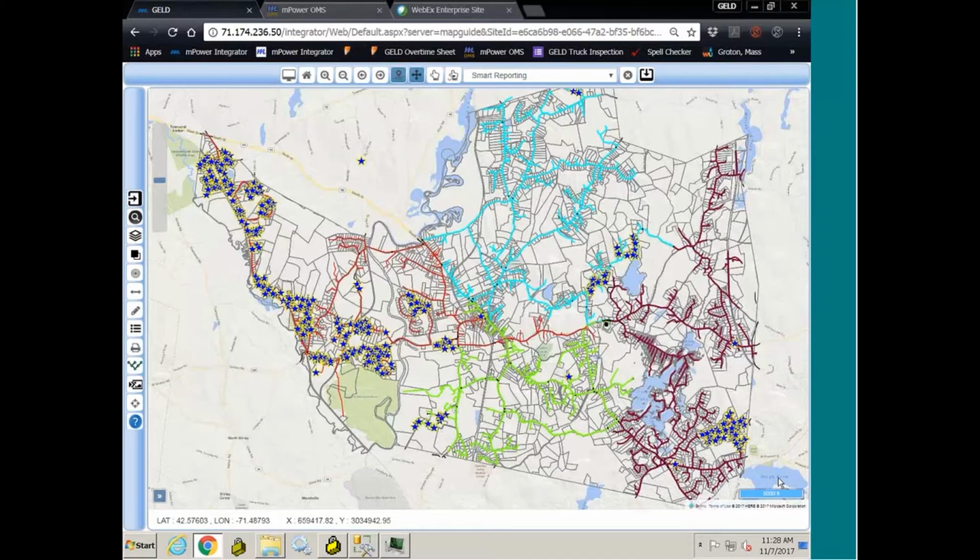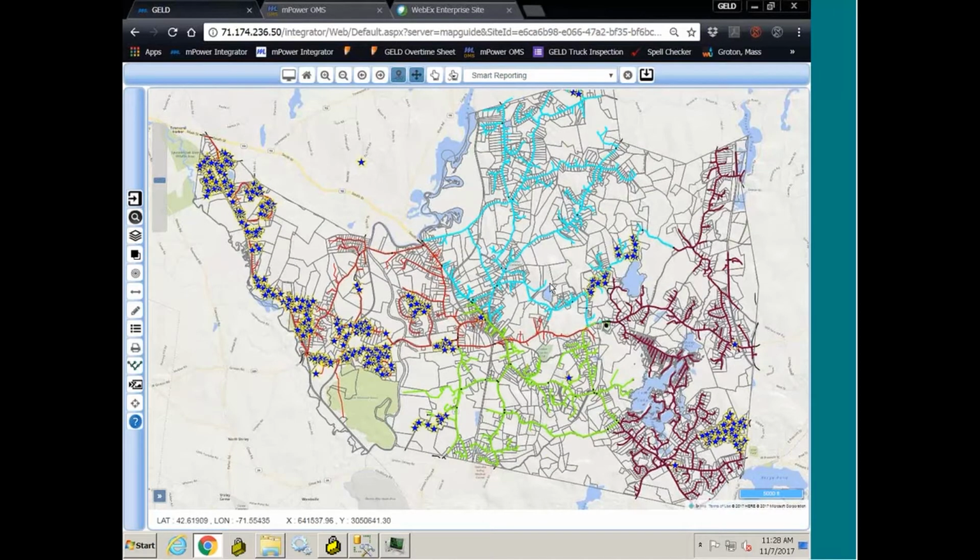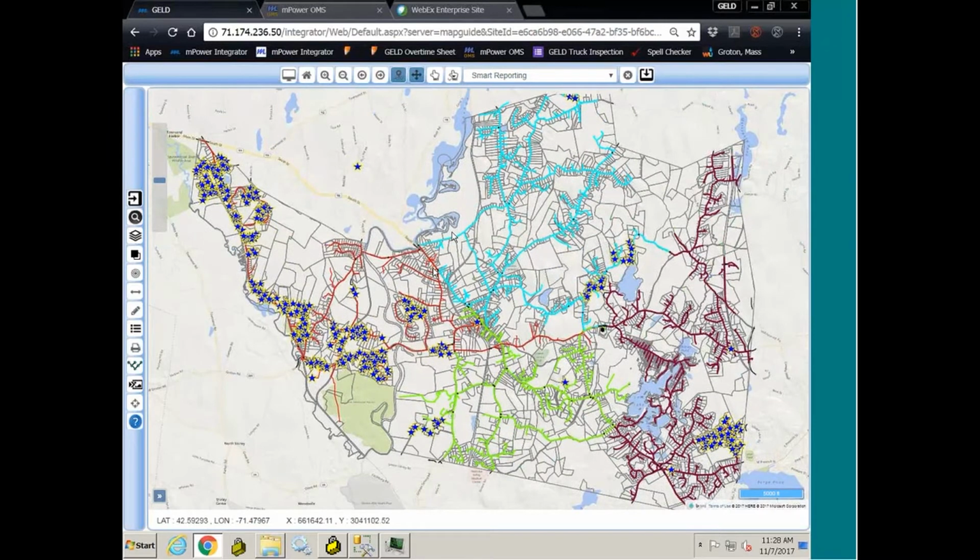And I can look at this map and I can look at the stars, and based on the stars, I see, okay, we've got problems all over the place. And a bunch of them are unrelated.